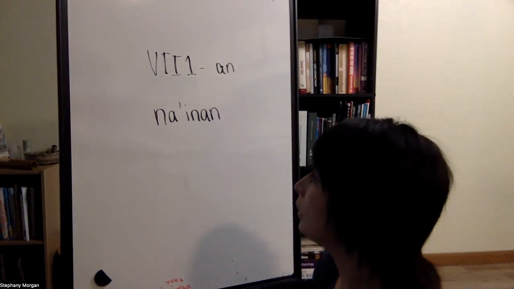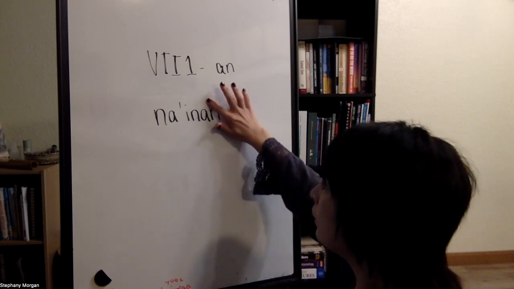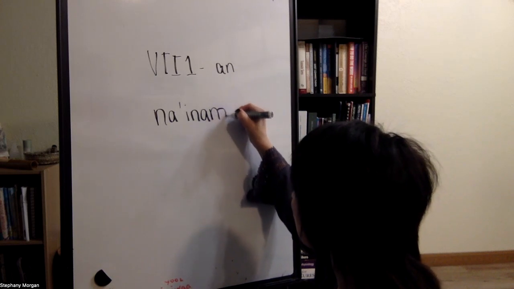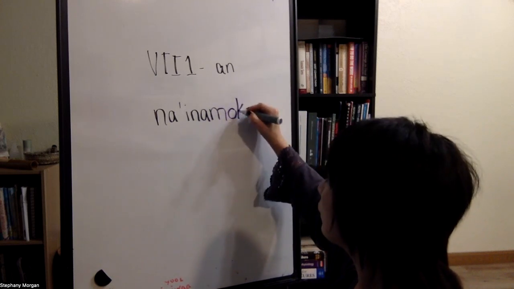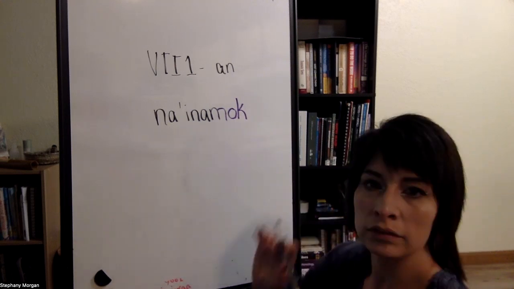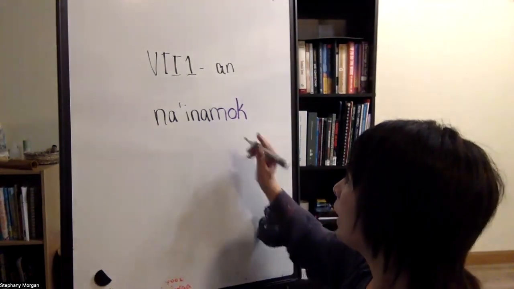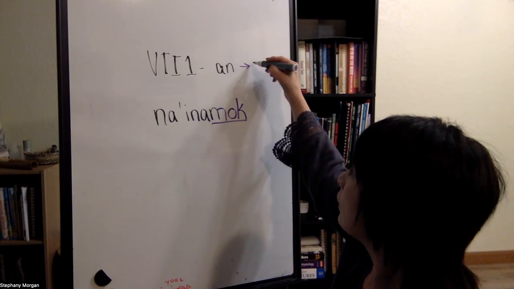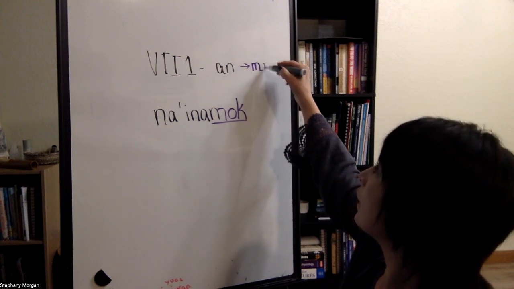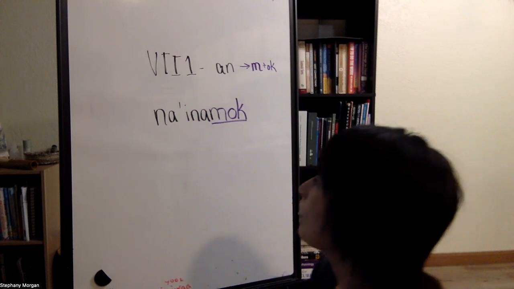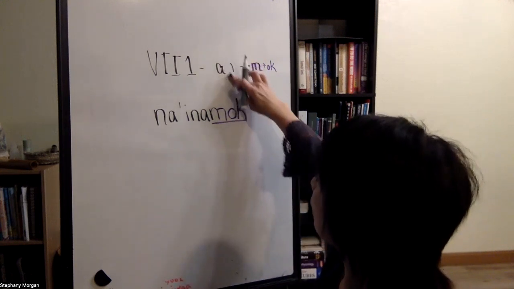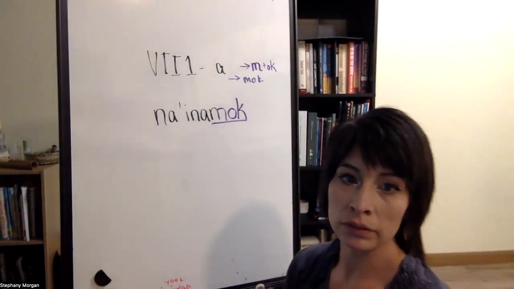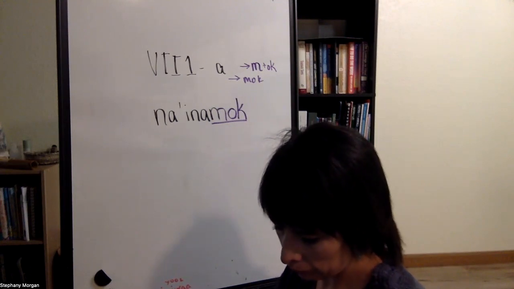The only thing that changes is the ending N becomes an M. Na inamok. You add mok to the end. The N becomes an M, and you add O, or you could think of it as the N falls off, and you just add mok. Whichever's easier, really. Na inamok. Y'all put it away.